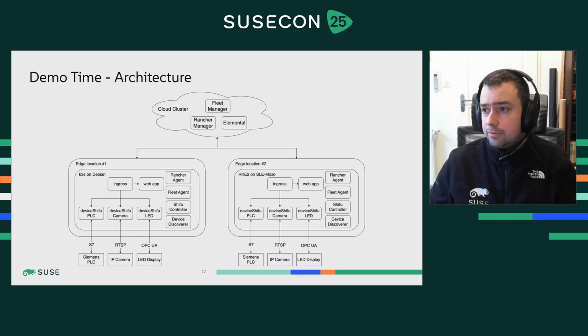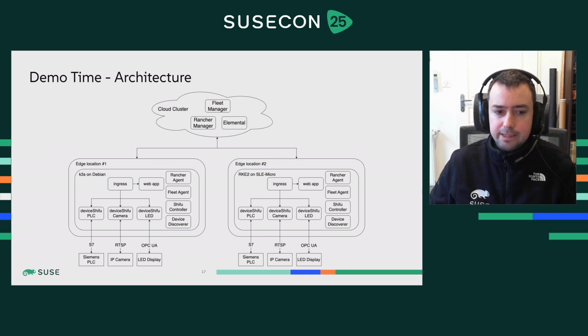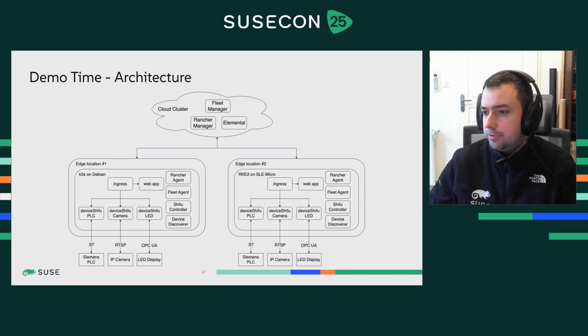So here's the overall architecture. We will have two locations, one of which has been deployed using the image I just built. The other one got imported, so that's another way you can add clusters to Rancher as well to manage them. You don't have to use all the tools that we provide.